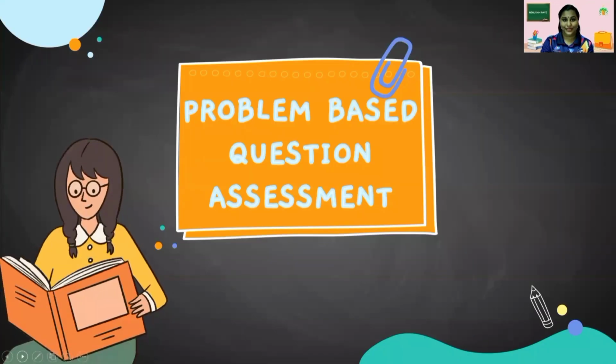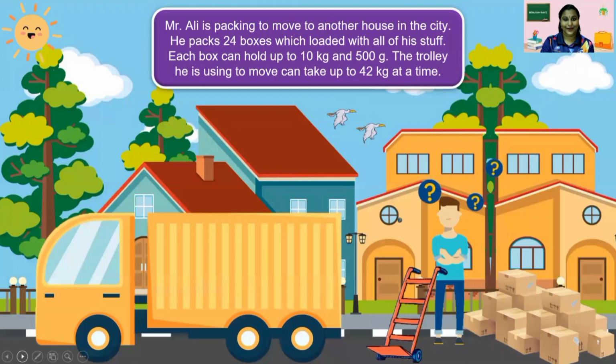As we have chosen the assessment, now we are going to set up the problem-based question. Are you ready? Wow, look at this animation. Guess what place this is? Yes, you are right. This is a housing area.